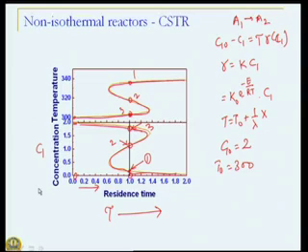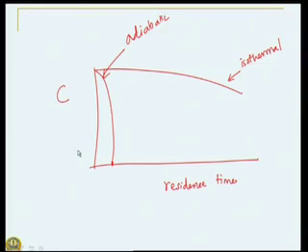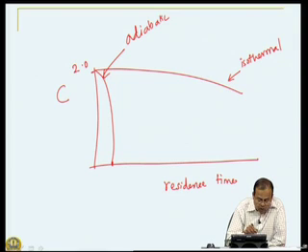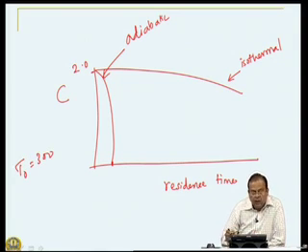Okay. What we are looking at over here is a behavior where, as we said earlier, we had taken the inlet concentration as 2 and the inlet temperature was 300.